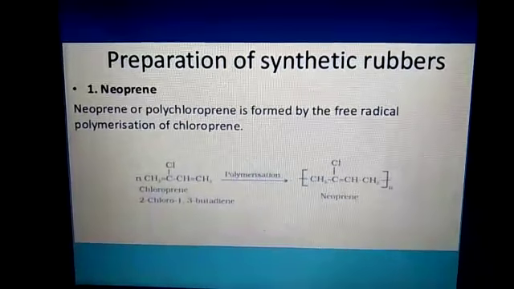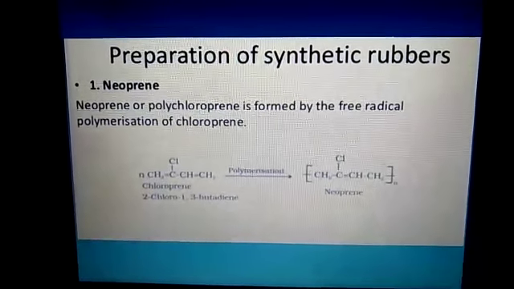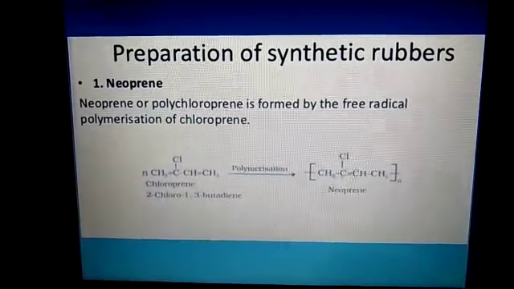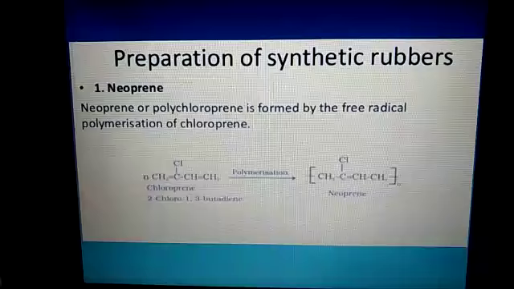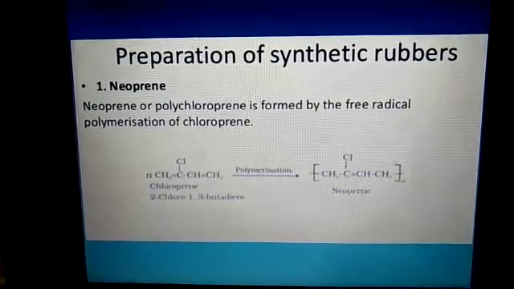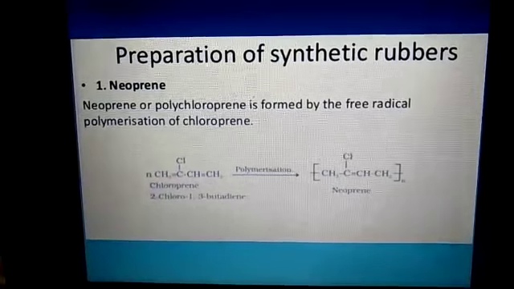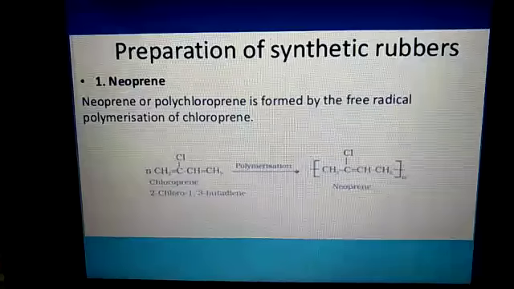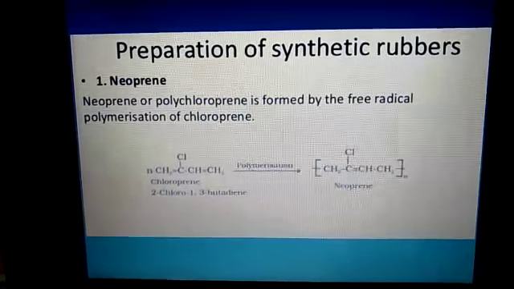Now we will get the improved rubber after the vulcanization. This is the synthetic rubber which is known as neoprene. Neoprene is a polymer which is formed by the polymerization of chloroprene. Under high temperature and pressure, we are able to get the neoprene. Neoprene is formed by free radical polymerization of chloroprene.